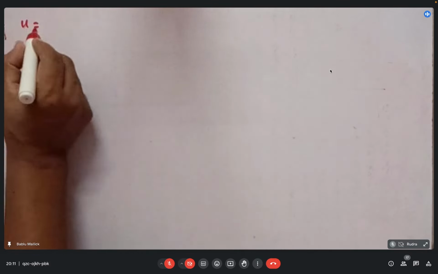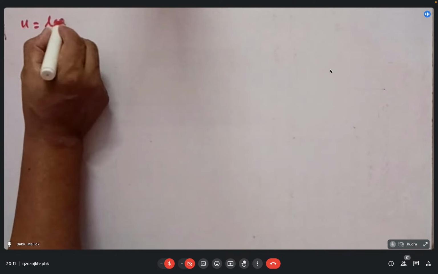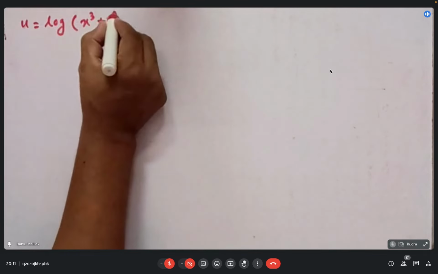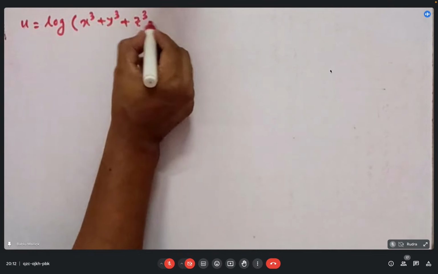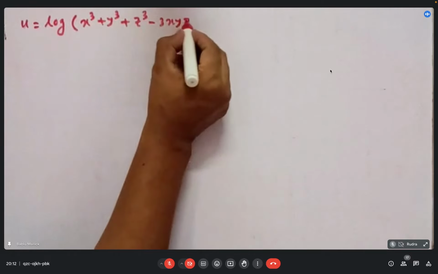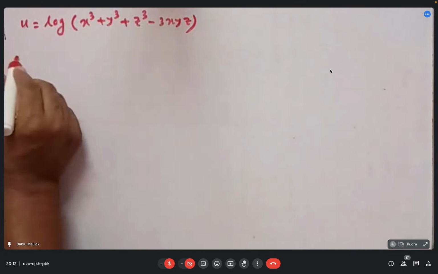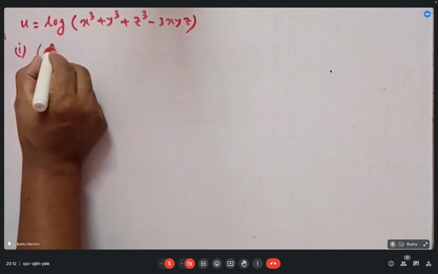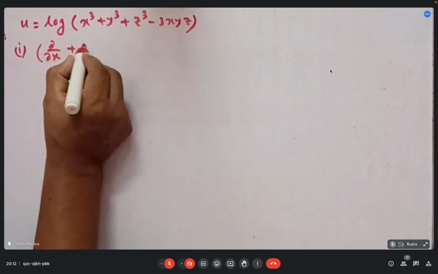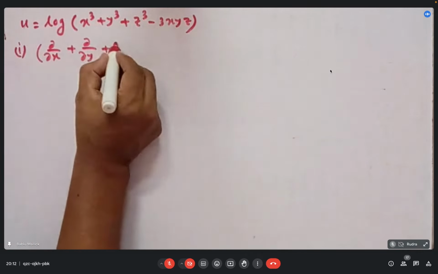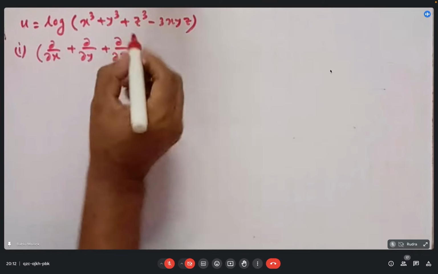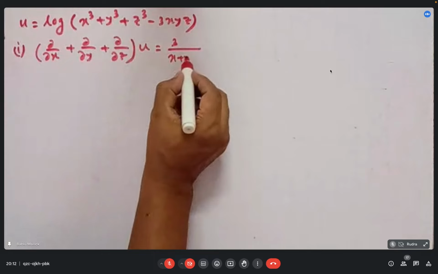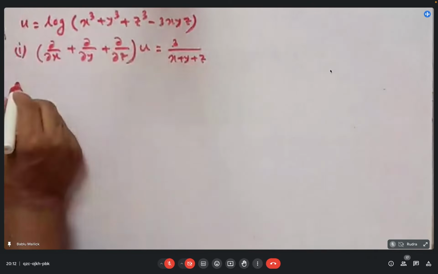Look, this is your homework. Write down: if u is equal to log of x cube plus y cube plus z cube minus 3xyz, then show that, number 1, del x plus del y plus del z of u is equal to 3 divided by x plus y plus z.